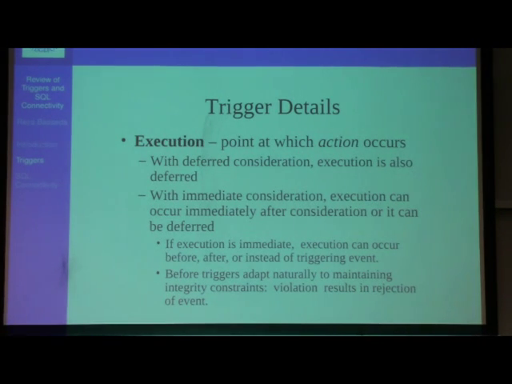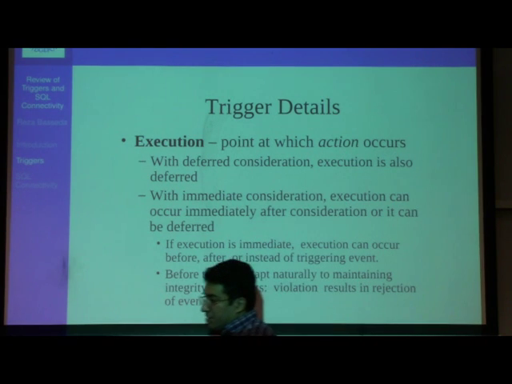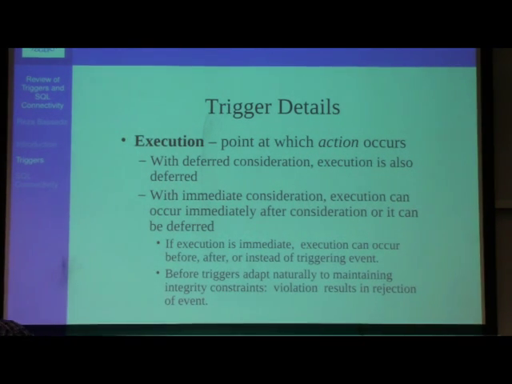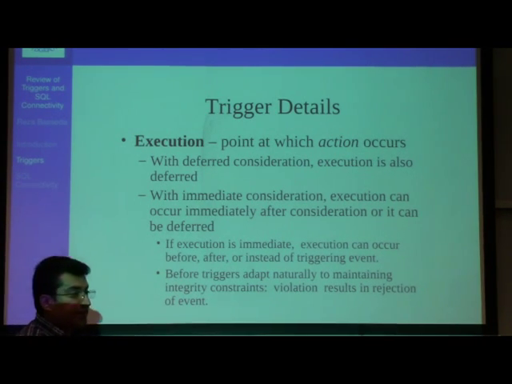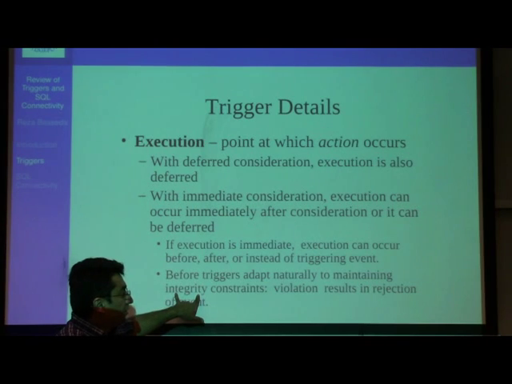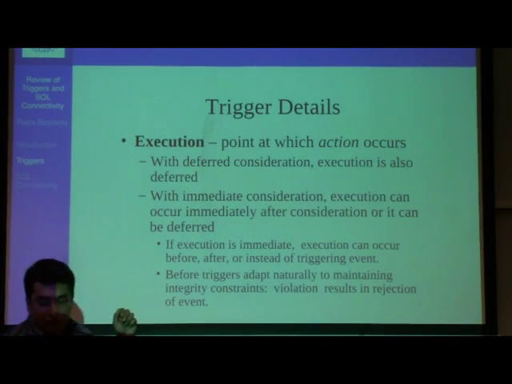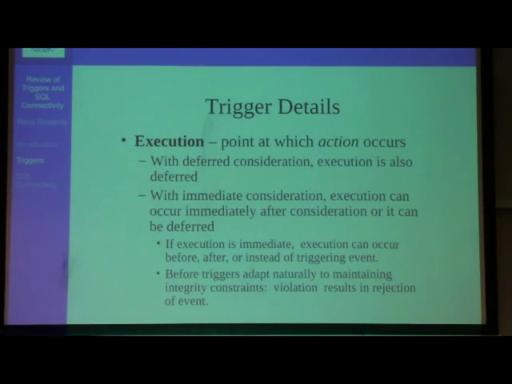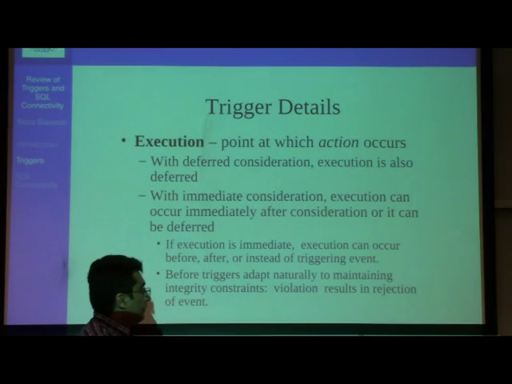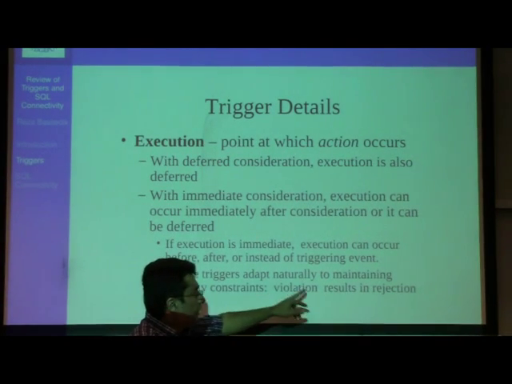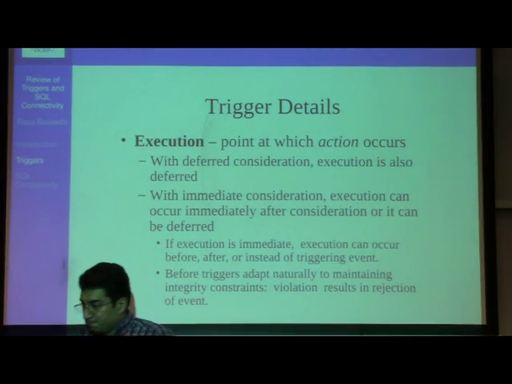So before trigger, if we execute the action before the trigger, it is usually used to naturally maintain the integrity constraints, and usually we are trying to reject any transactions that are in an inappropriate way, or that are violating some of the constraints we have.